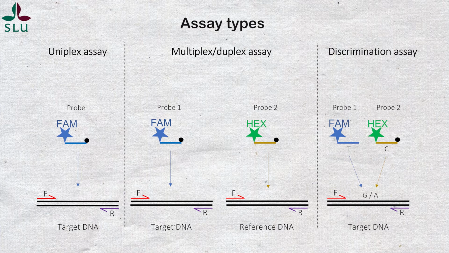In our lab, we have developed an assay for osteotagia and coperia detection, which is based on this type of assay. Interestingly, the discrimination assay is also well suited for detection of single nucleotide polymorphisms. For tips and tricks as regards primer and probe design, we again refer to the Bio-Rad application manual.